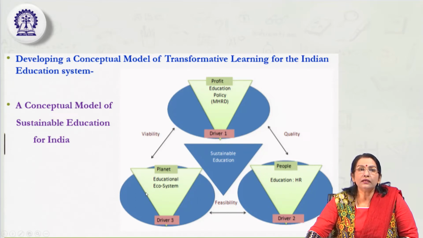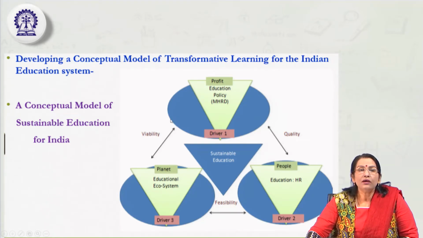Then drivers 1 and 3. When we see their interactions, the educational ecosystem, environment and infrastructure depend on the direction of policy implementation by the Ministry of Education as well as the budget allocation. Hence the interaction between drivers 1 and 3 should be viable: socially, economically and financially viable.